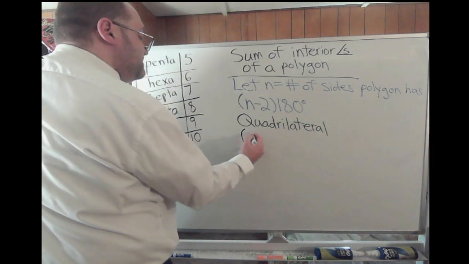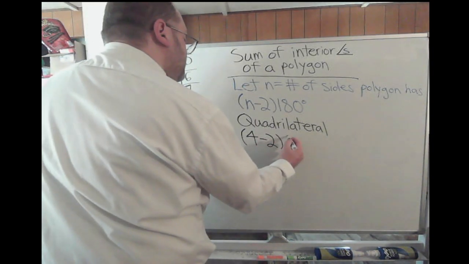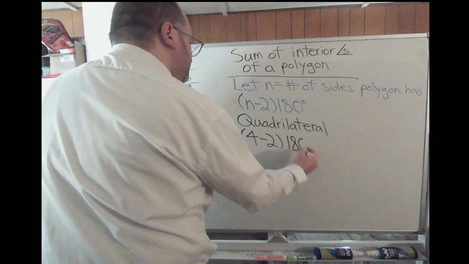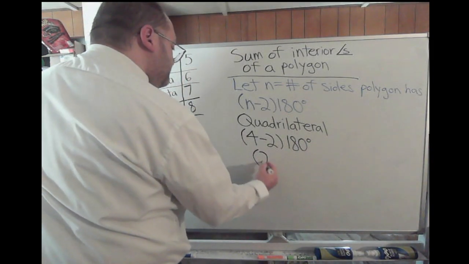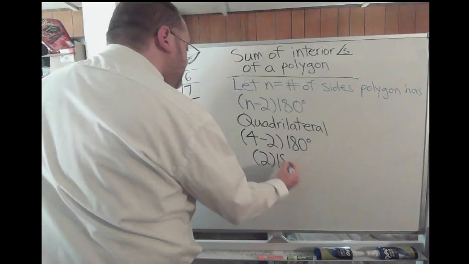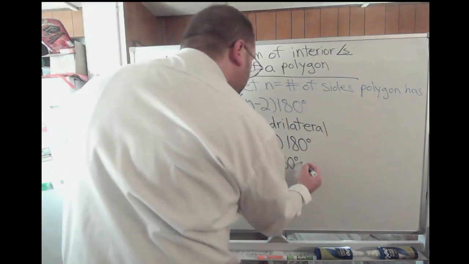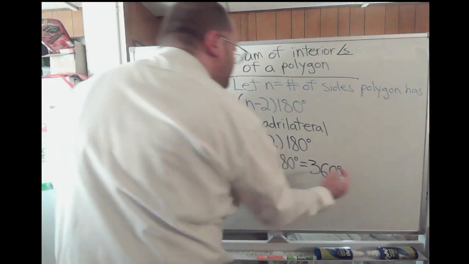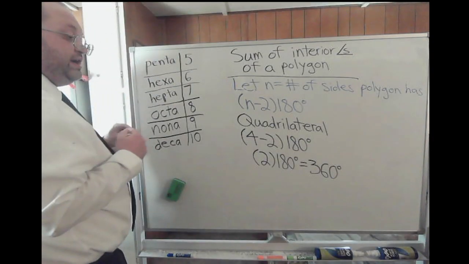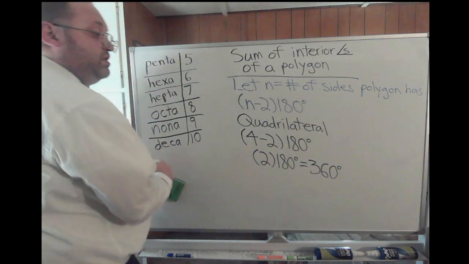You take the number of sides, which would be 4, subtract 2 from that, and multiply that quantity by 180 degrees. Well, 4 minus 2, that's 2. So you take that 2, multiply it by 180 degrees. 2 times 180, that's 360 degrees. So as we covered yesterday, the sum of the interior angles of a quadrilateral is 360 degrees. That's where we get that from.